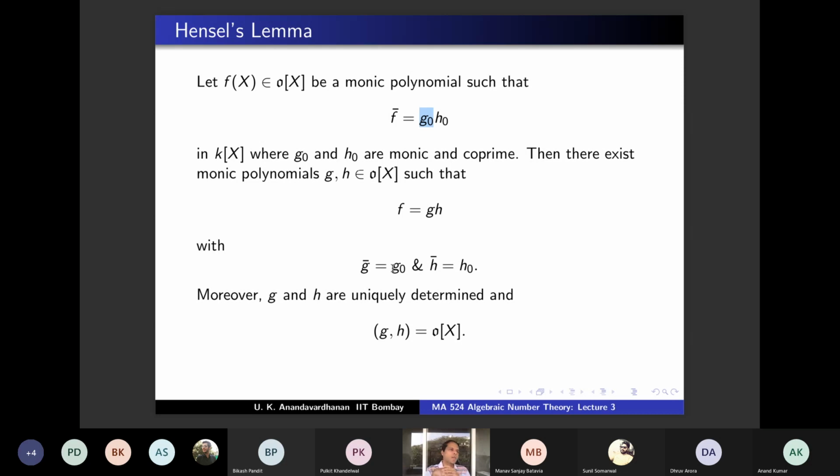Okay, so all I'm trying to say is I'm giving another version of Hensel's lemma, but that Hensel's lemma and this Hensel's lemma have the same corollary, which is that if f bar has a simple root, it can be lifted. That's a corollary to this Hensel's lemma. That's a corollary to that Hensel's lemma. So what we have stated is much more general, this is also much more general.